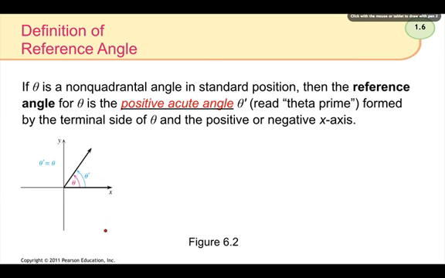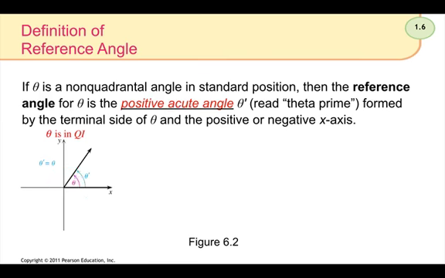If you have a theta in the first quadrant, the theta prime, or the reference angle, is this angle formed with the x-axis. And again, the angle has to be acute. So you don't want to refer to this angle formed with the negative side of the x-axis because it is not acute. But this one right here is.